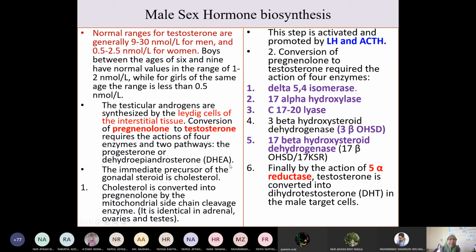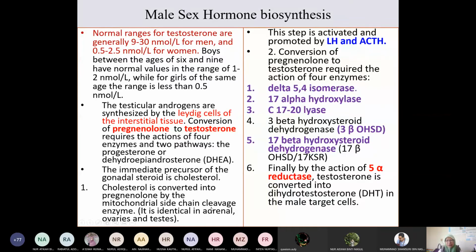Male testosterone level is about 9 to 30 nanomole per liter. For ladies, of course, testosterone concentration is very minimal. It depends on age: from the teenage years and then the reproductive age it gradually rises, and then with andropause in males and menopause in females, sex hormone secretion declines.